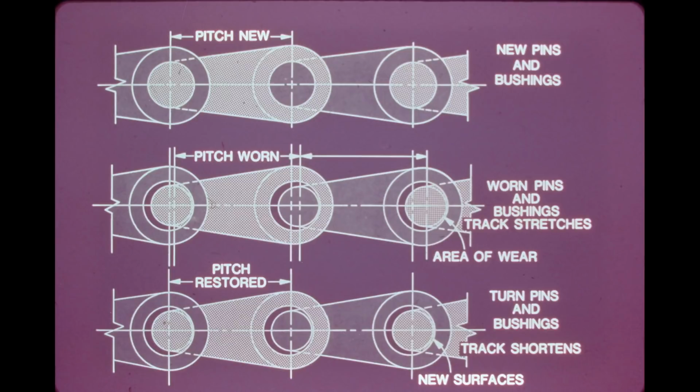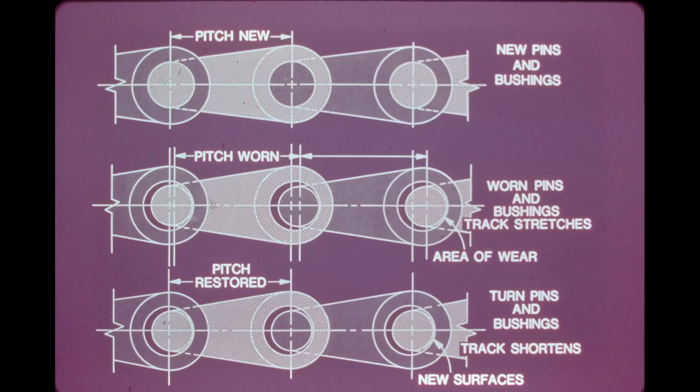The effect of turning pins and bushings is shown here. In the top chain, the pins and bushings are new, and the pitch or distance between the centers of two pins is a specified length. As the tractor is worked, wear occurs between the pin and bushing, and the track becomes longer or stretches. The gaps on the left side of the pins in the second chain are the result of the pin and bushing wearing on the right side.